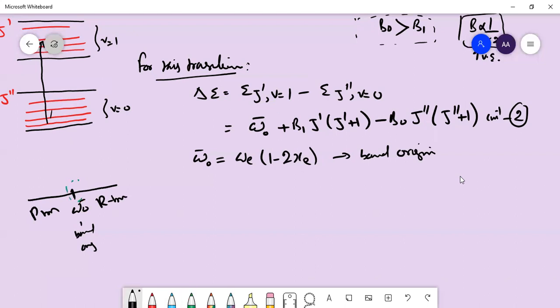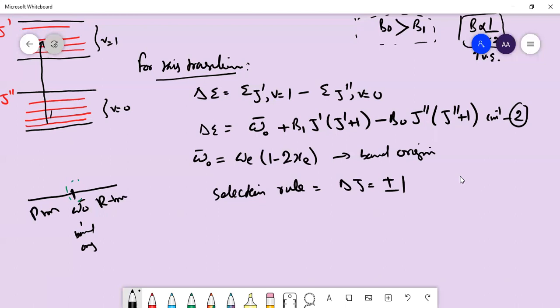So we have an equation where delta E is equal to omega naught bar plus B1 J'(J'+1) minus B0 J''(J''+1). Now, if we apply the selection rules here, our delta J can change by +1 or -1. It means delta J can have either the +1 value or the -1 value.